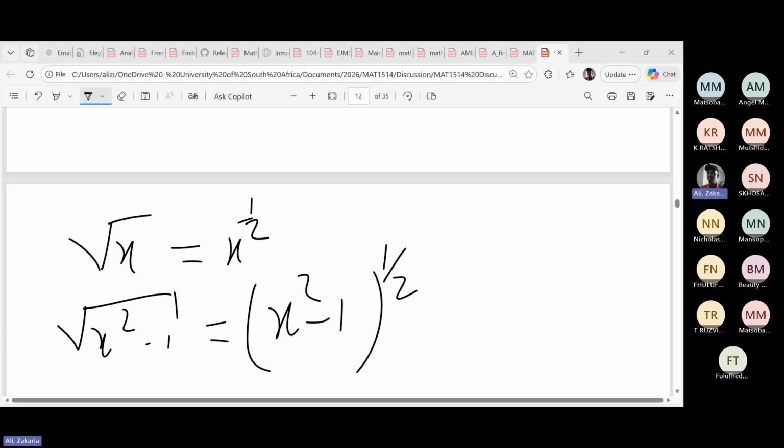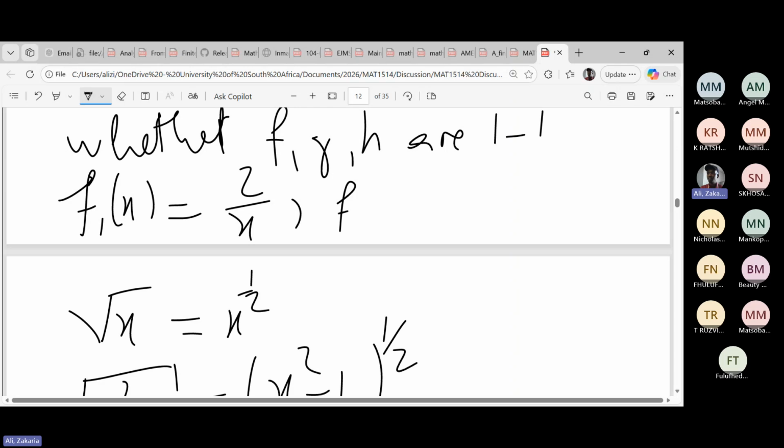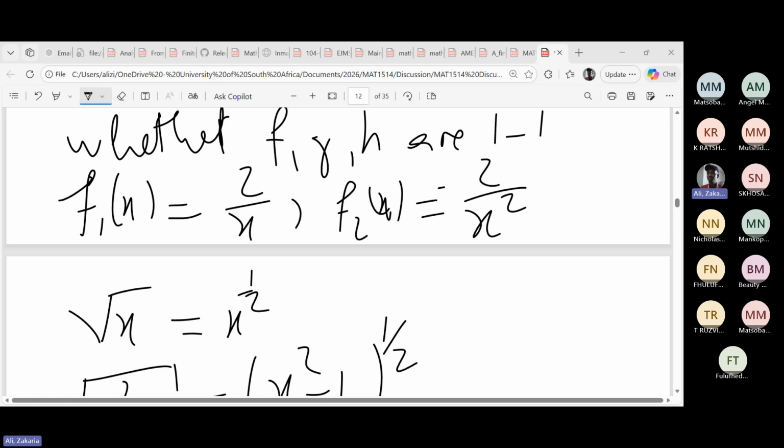Yes. So in fact, maybe I should give more homework. Let's say f1 of x equals 2 over x, and f2 of x equals minus 2 divided by x squared. These are various different types that you need to look into.